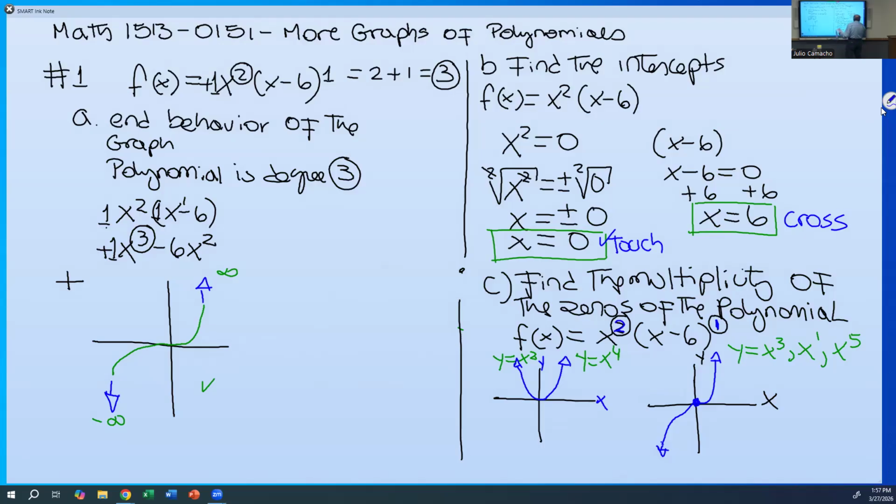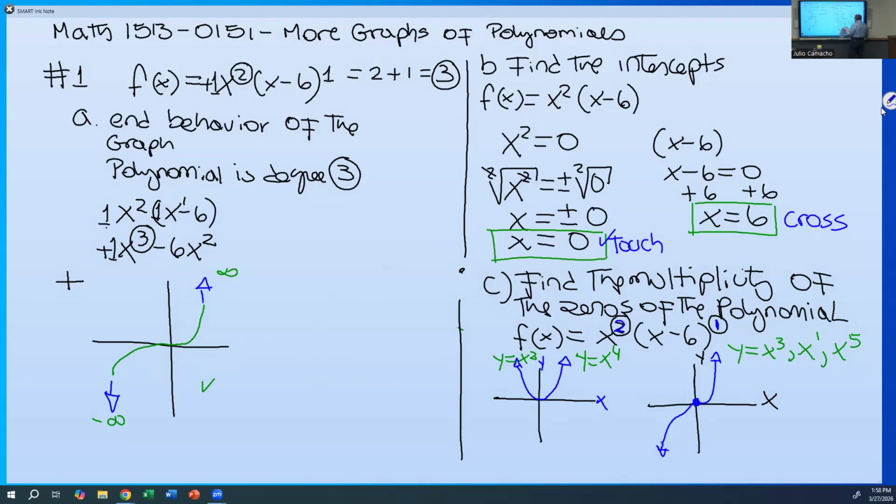So the essence is that all even functions will touch and bounce over the x-axis, and all the odd functions will cross the x-axis. And that almost answered every question in this assignment. And try to explain and do this graph so you can understand.